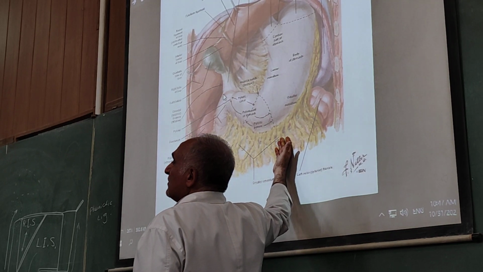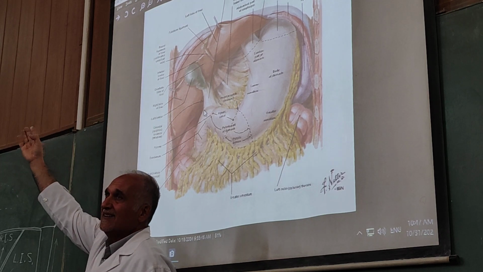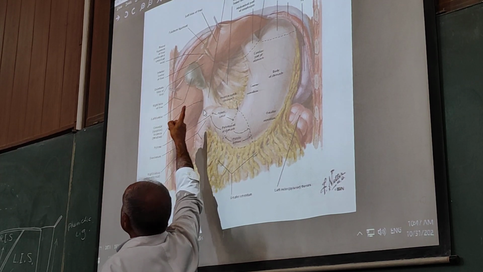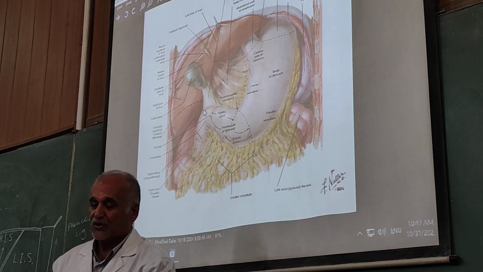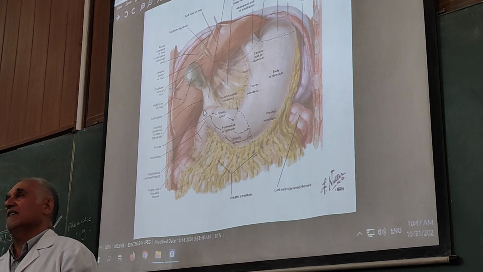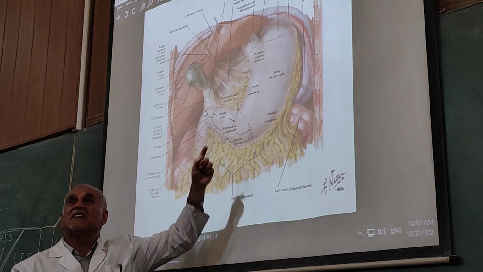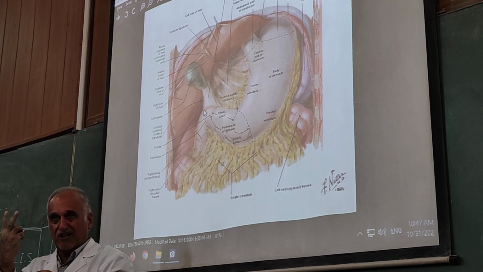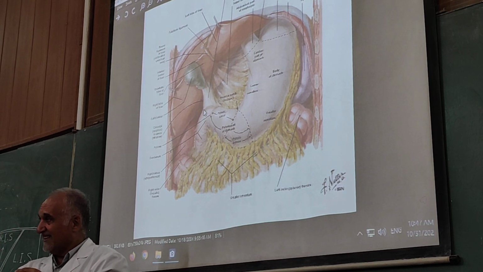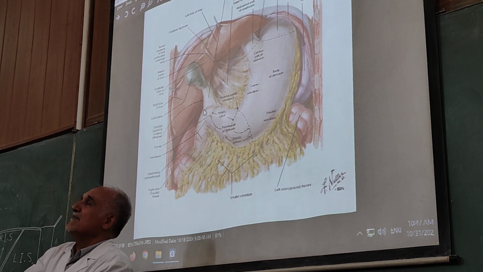So the portal vein, from the retroperitoneal space trying to reach the liver, chooses this ligament and goes through it to reach the liver. Why does it choose this ligament? Because the first part of the duodenum is divided into 2 inches. The first inch is intraperitoneal and the second one is between these two.